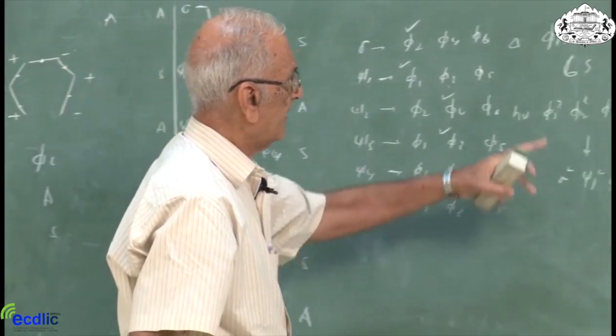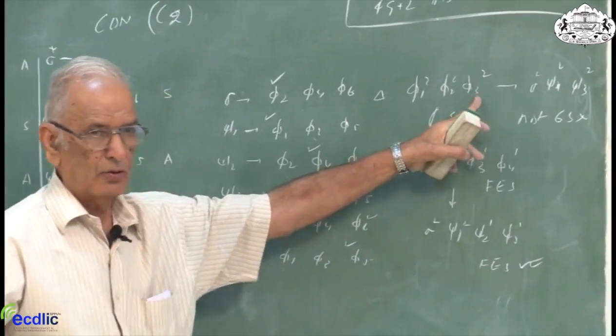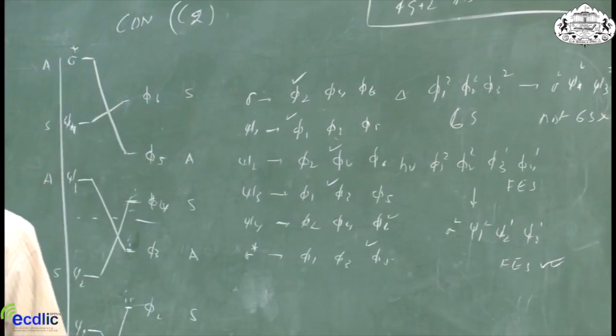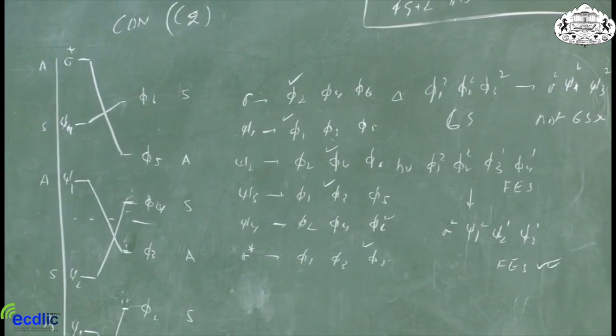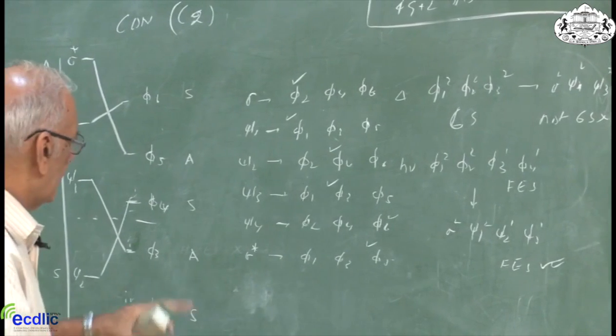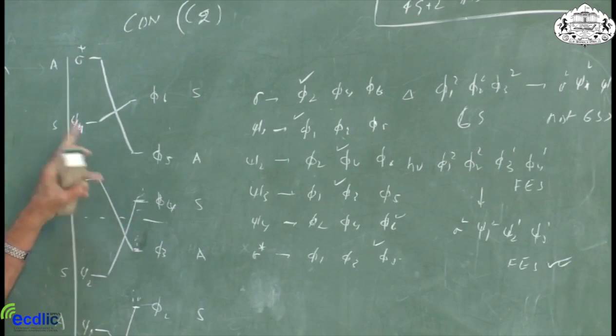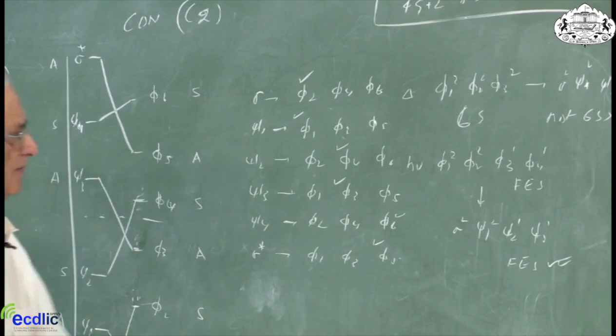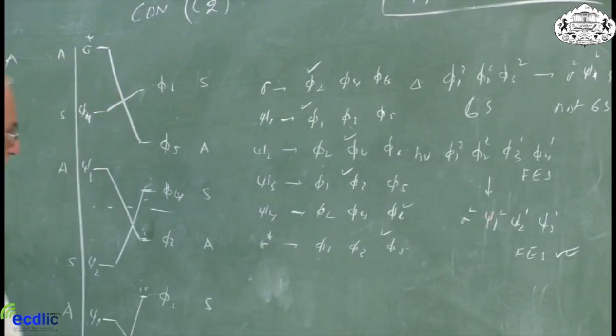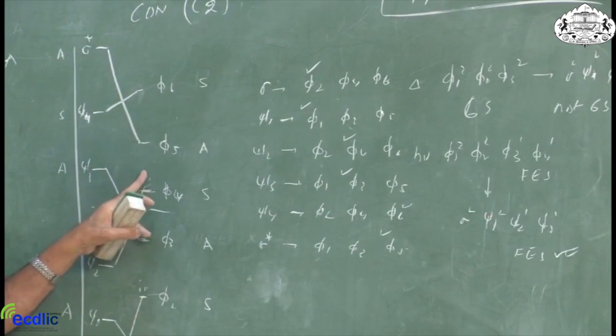Once again, what can we say? HOMO for the thermal reaction is phi 3. Phi 3 goes up, therefore is disallowed. For the photochemical reaction, HOMO is phi 4.